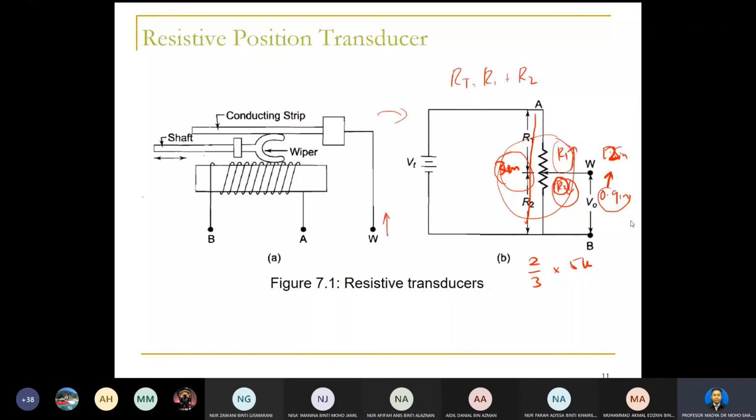So maybe 3000, so R2 will be about 3.3K ohms, for example. So when we increase this length, the resistance increases. If we reduce the length, the resistance will be reduced.